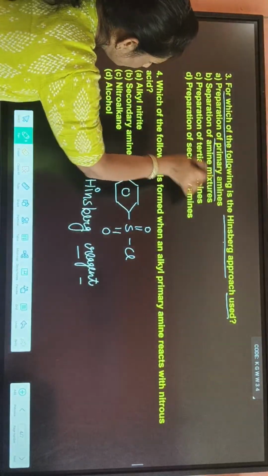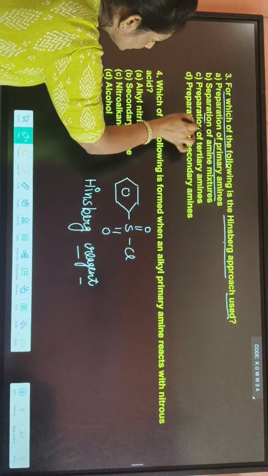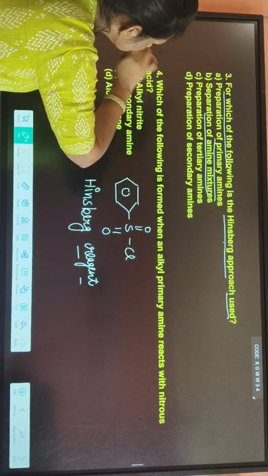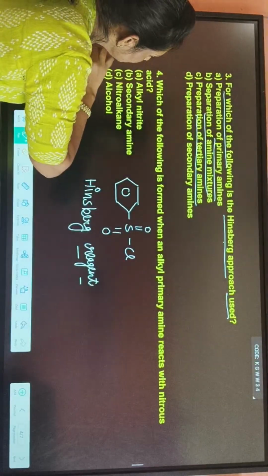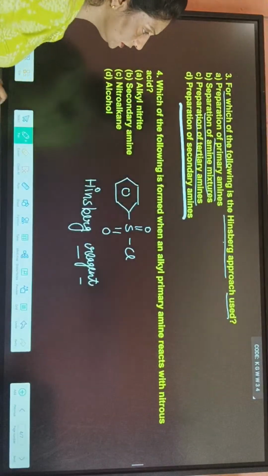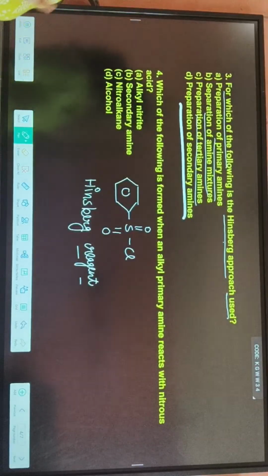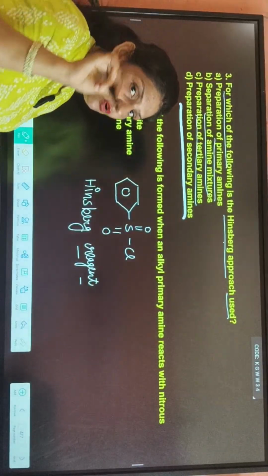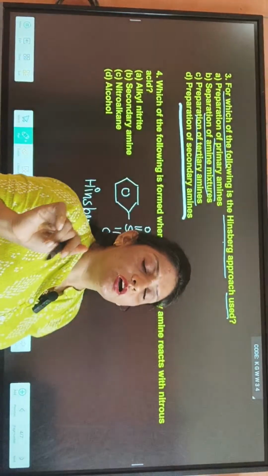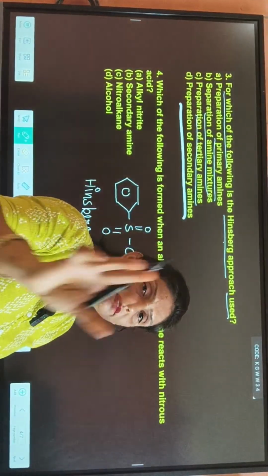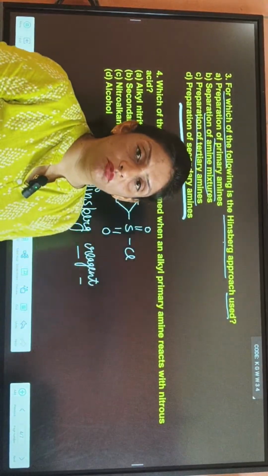Then students, why is it used? For preparation of primary amine, for separation of amine mixtures, preparation of tertiary amine, or preparation of secondary amine? First point I want to make clear to you: it is not a method for preparation of amines.